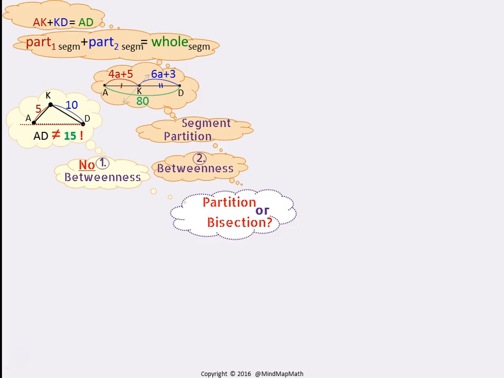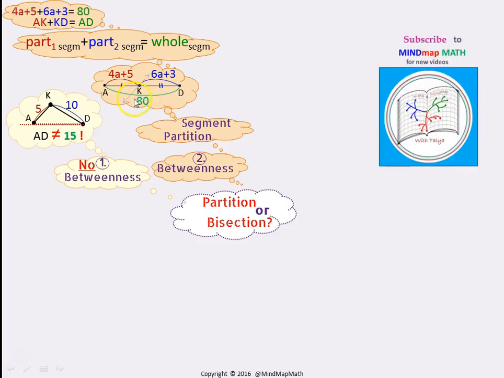That rule should really be written in words so that you don't make mistakes as you do the substitution, identifying every one of these parts with a specific geometric name. Only after all this work is prepared, it is safe to substitute algebraic notation into your equation. Once you solve this equation to find A, once again, you can plug in that value to identify the length of segment AK and KD.